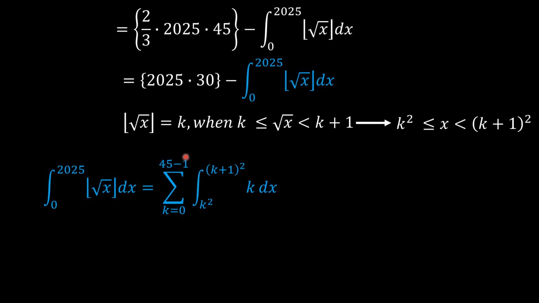And it's important to know that at the square root of 2025, which is 45, we have only one value. So the extent of k stretches up to 45 minus 1, which is 44.